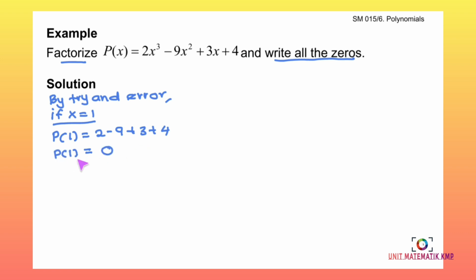Since P(1) equals 0, therefore we can say that x minus 1 is one of the factors of polynomial P(x).